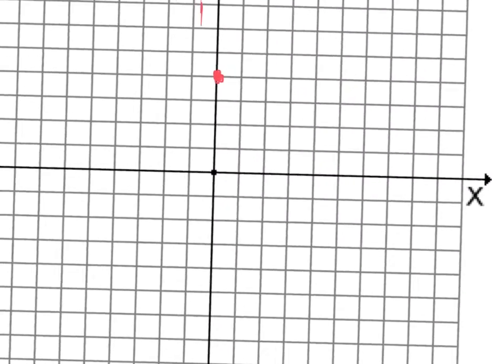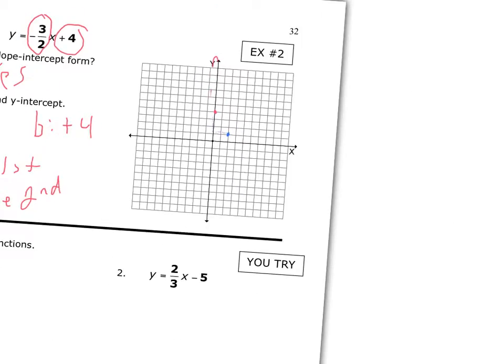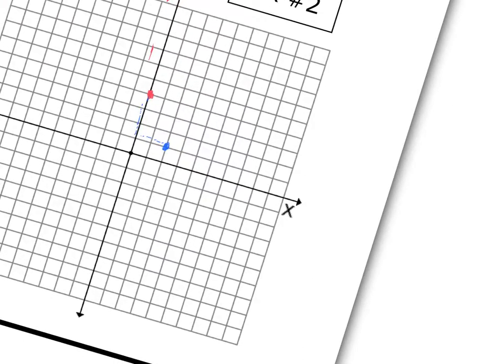So from that point, we go down 3 and over 2 and put our point there. We're applying our slope from that y-intercept, and then we can draw our line.